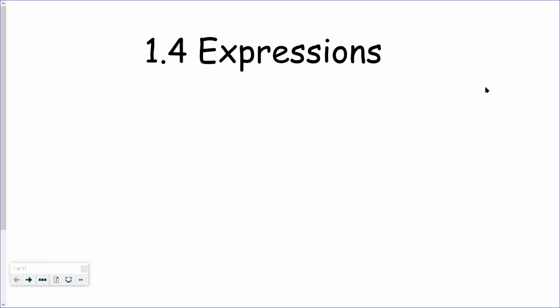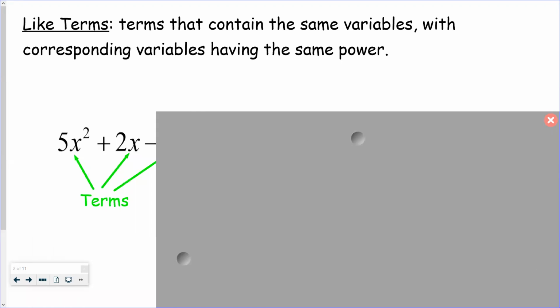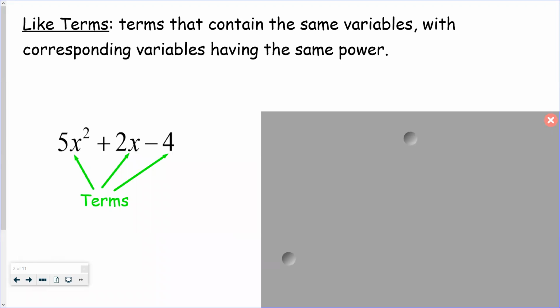So again, you should have 1.4 expressions written down. So the things we got to deal with expressions is we got to understand definitions. And the first definition we need to look at is like terms. Like terms are terms that contain the same variables with corresponding variables having the same power. So for example, 5x squared plus 2x minus 4.